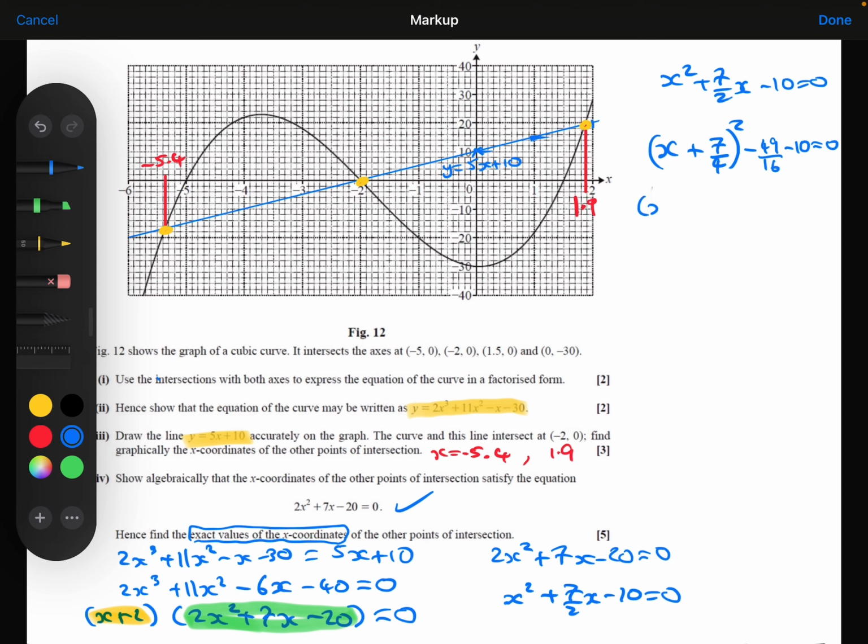The minus 10, I can think of that as being the same thing as minus 160 over 16, just so I've got a common denominator. The minus 49 minus the 160 is minus 209.